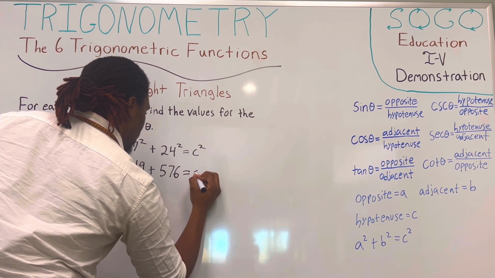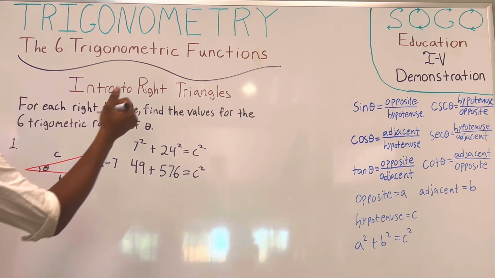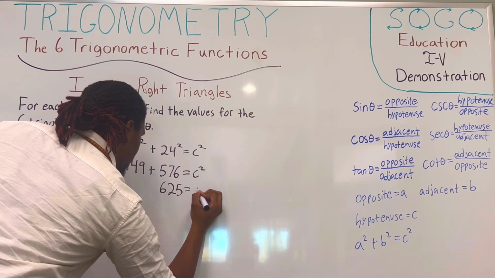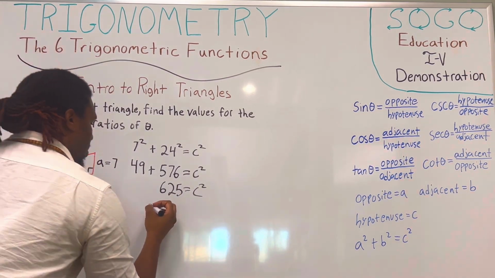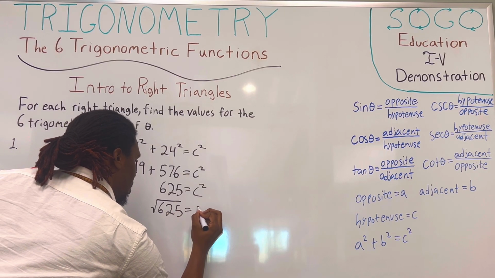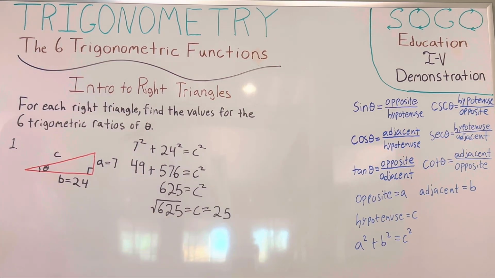Now we add these: 49 plus 576 is 625. So 625 is equal to c squared, and we want to solve for c, therefore we have to take the square root on both sides of the equation. The square root of 625 is 25. C is equal to 25.